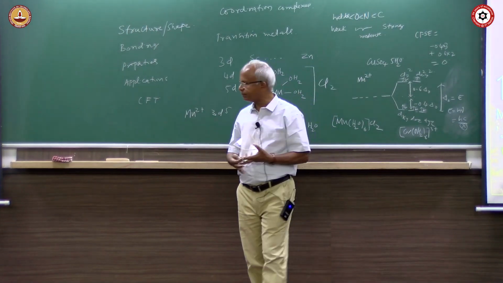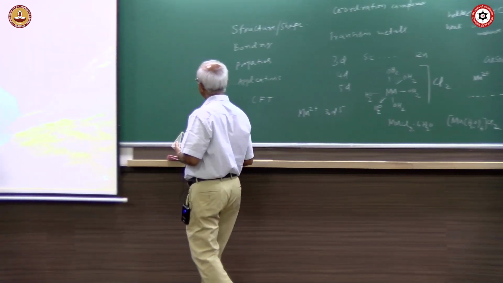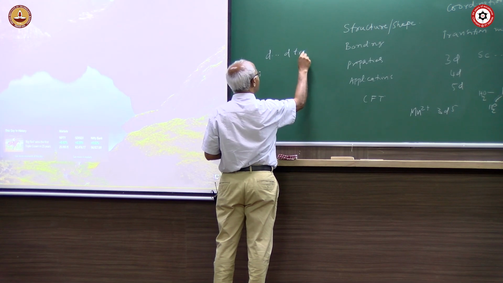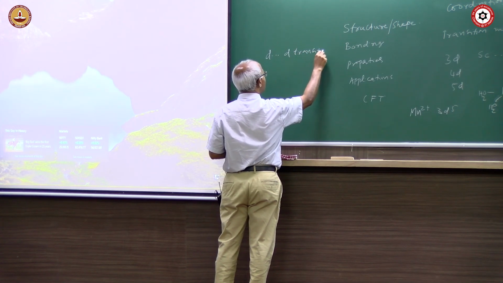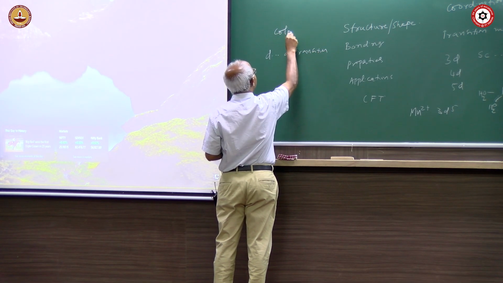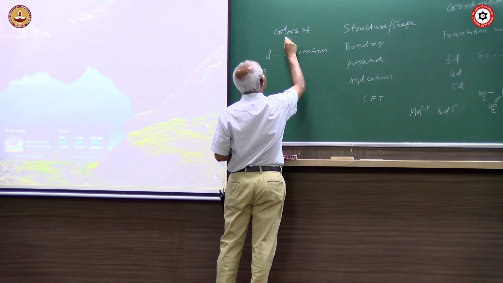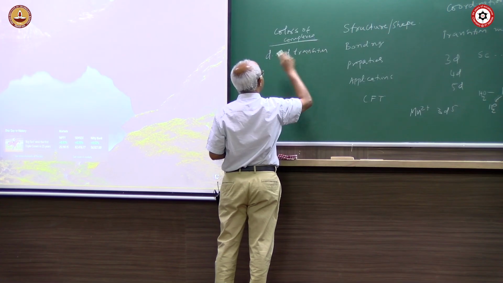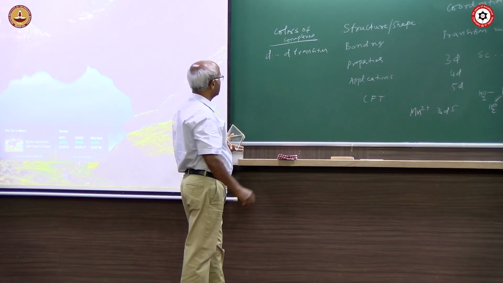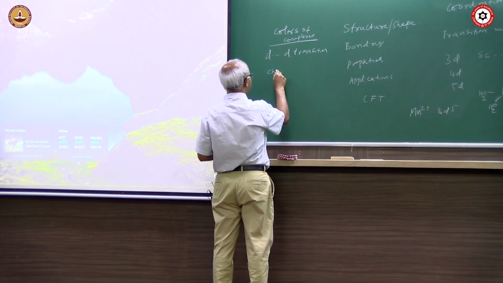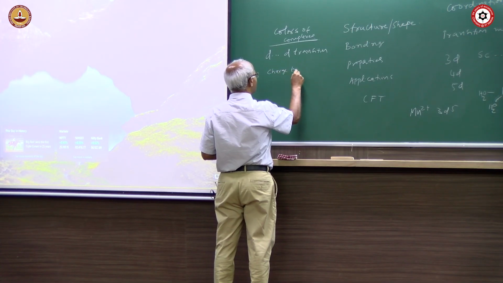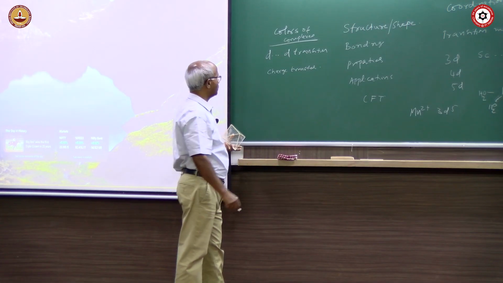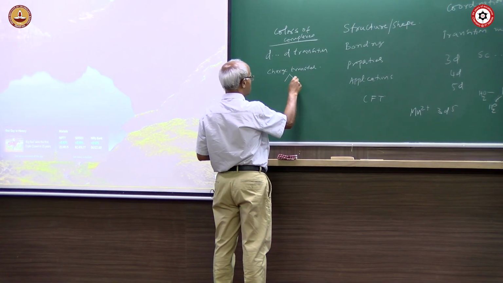So the colors of the complexes are due to what is called d-d transition, or what is called charge transfer. In the charge transfer you have different kinds of charge transfer.